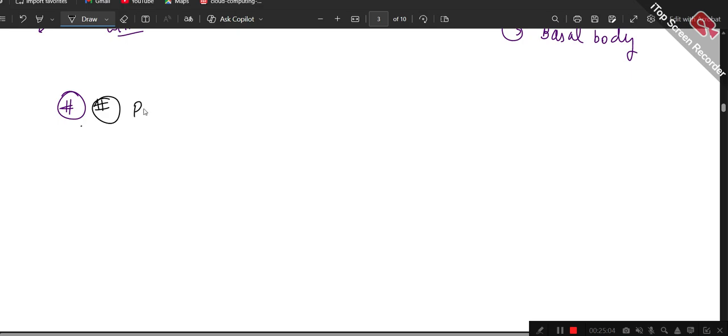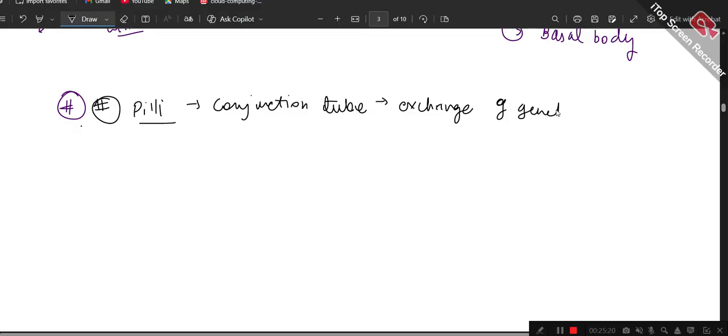We can also have a concept of pili. Pili is a kind of conjugation tube which helps in the exchange of genetic material. You can also call it mating. Exchange of genetic material is done by this particular tubule. We call this pili. It is made up of pilin. You don't need to go too much into it.